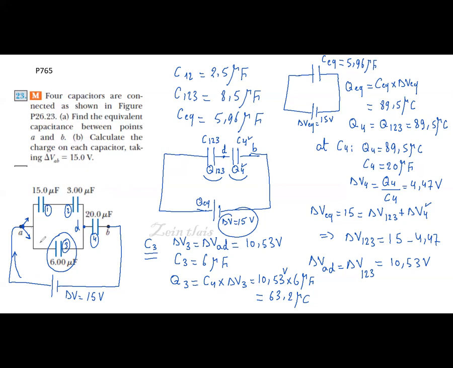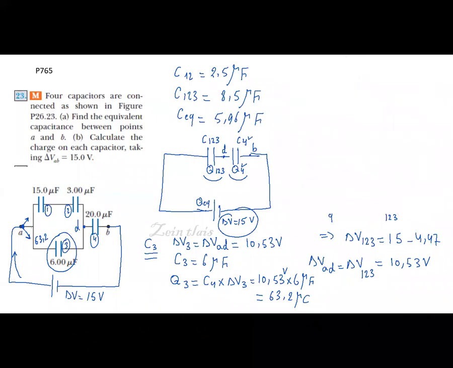We calculated this part equals 63.2, and the remaining part will be on this branch. 1 and 2 are in series, so Q1 equals Q2.